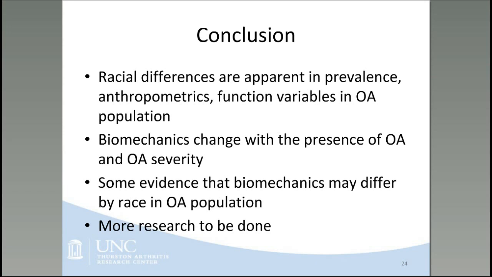And this is important because it's possible that we may be overlooking vulnerable populations susceptible to movement patterns that encourage OA development and progression. And if there's differences in movement strategies, we need to know what are the factors driving these differences. This information could help improve interventions designed to treat and prevent OA development.